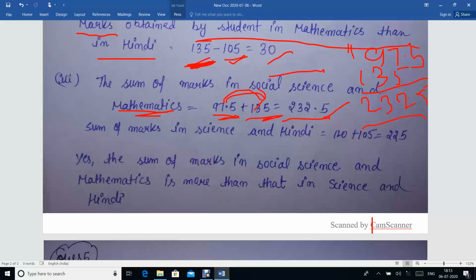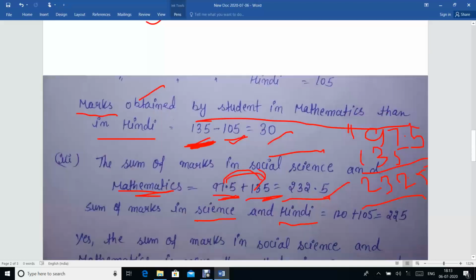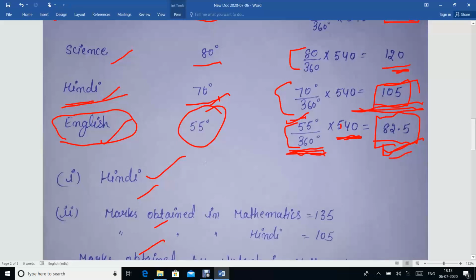And next you are asked for the sum of marks in science and Hindi. You can see in the table the marks of Hindi and science. He got 105 marks in Hindi and he got 120 marks in science.